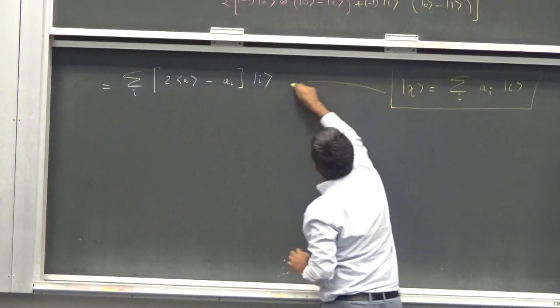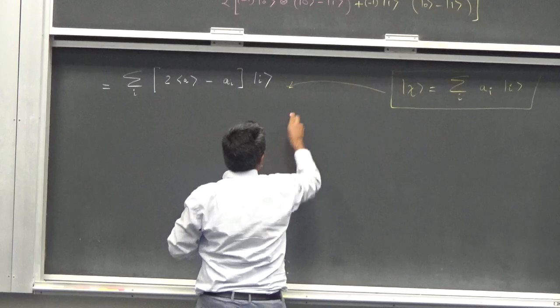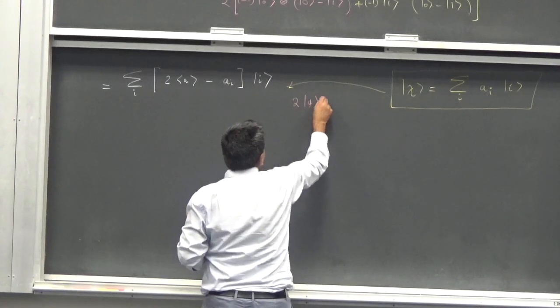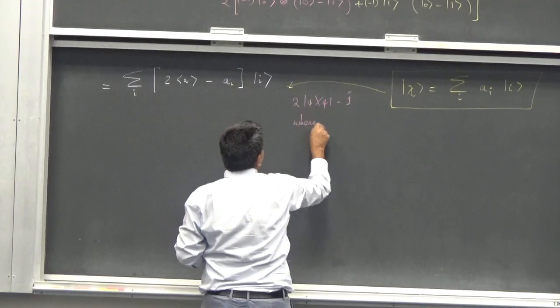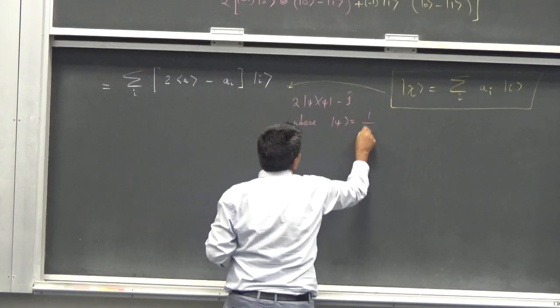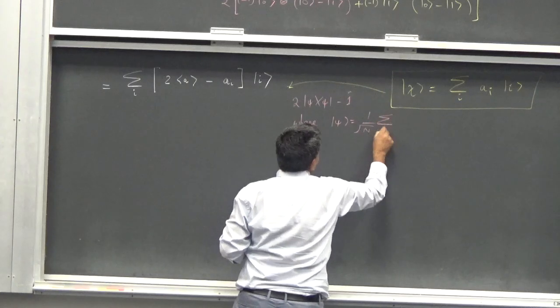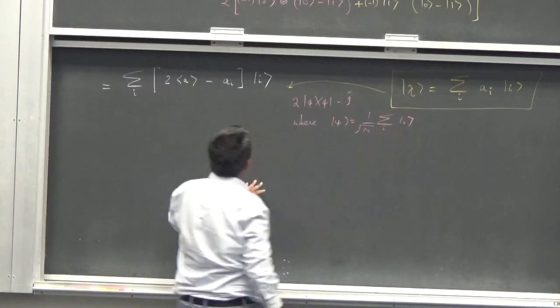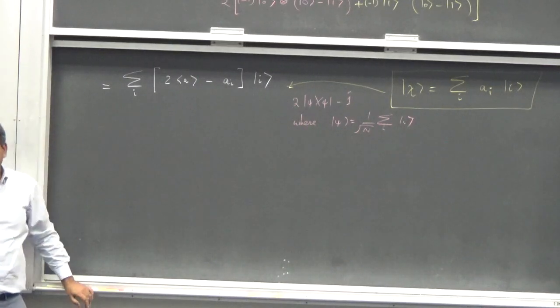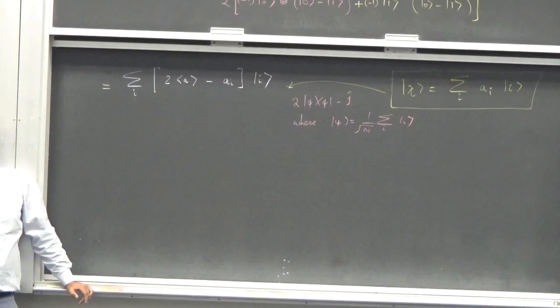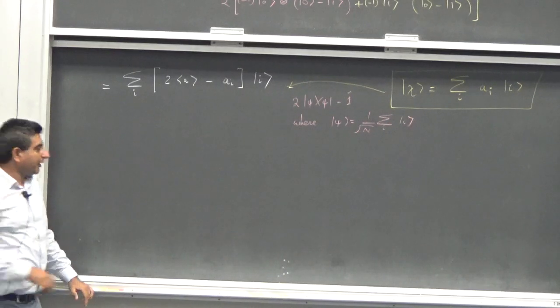Now what is the action of an operator 2 ket psi bra psi minus identity, where psi is an equal superposition of all the states? What this does is that it just changes the complex coefficients. And how does it change the complex coefficients? Something really clever and strange.